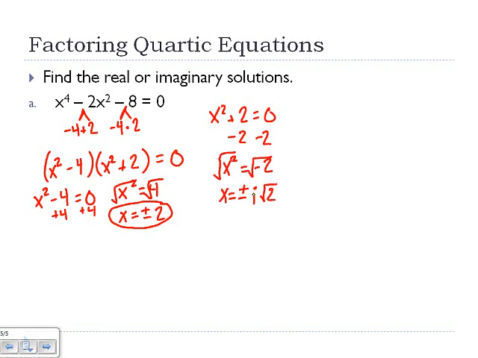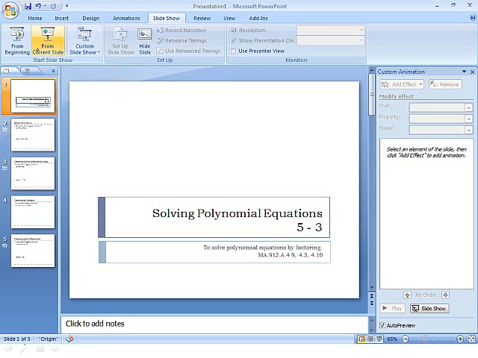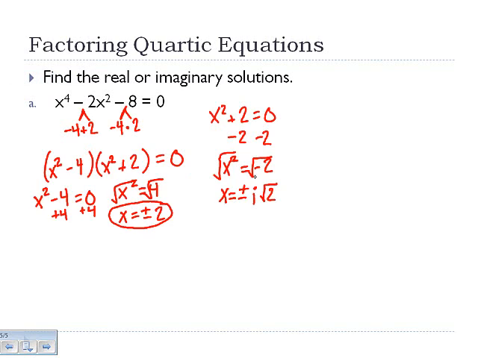The negative becomes the i, and since the square root of 2 is not perfect, you leave it as the square root of 2. Once again, there are 2 more answers there because of the plus or minus. 2 answers here and 2 answers here makes the total of 4 in the degree.